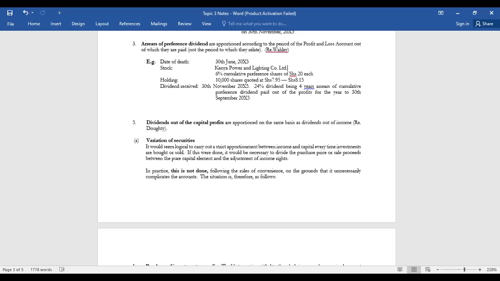Our shares are 10,000, so we are getting 24% of 10,000, which is 2,400.